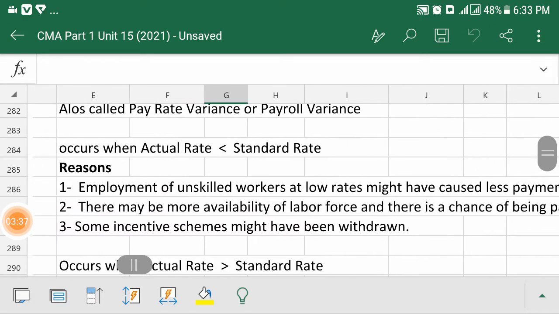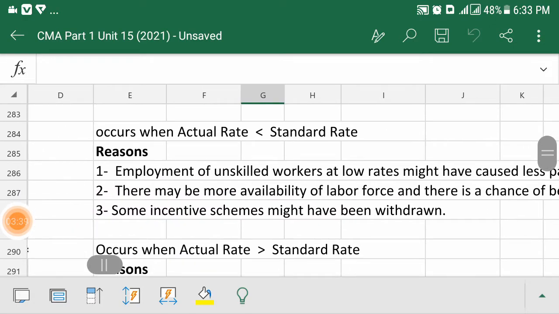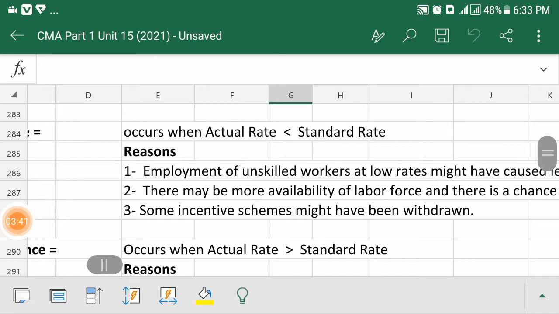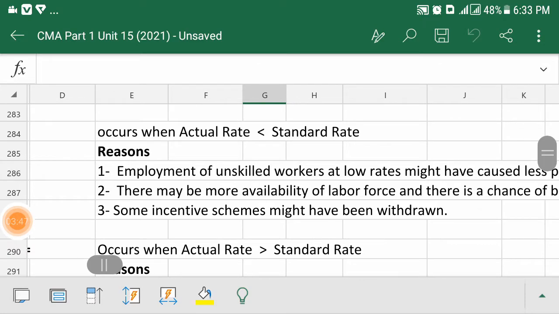It means there are so many laborers in demand. If there are so many laborers, then you are paying a low rate to them. Definitely, if there is one vacancy and more than 100 candidates apply, you will select the laborer who accepts the low rate of payment.